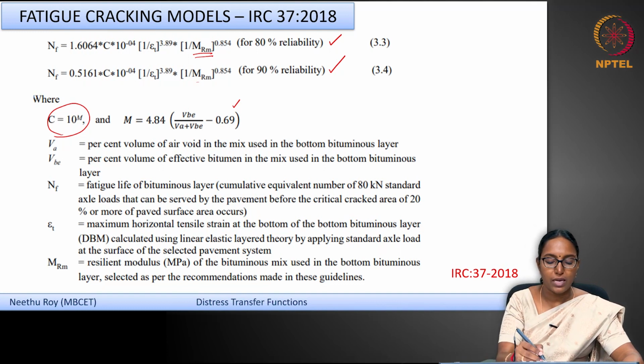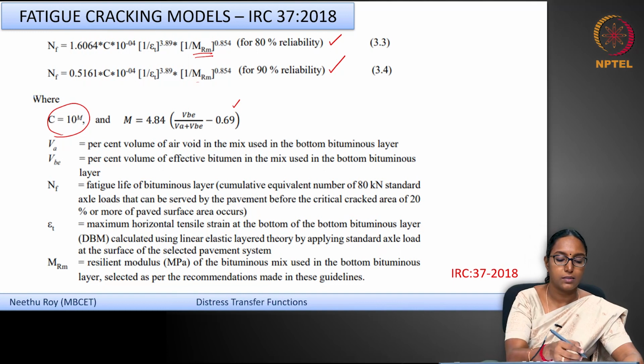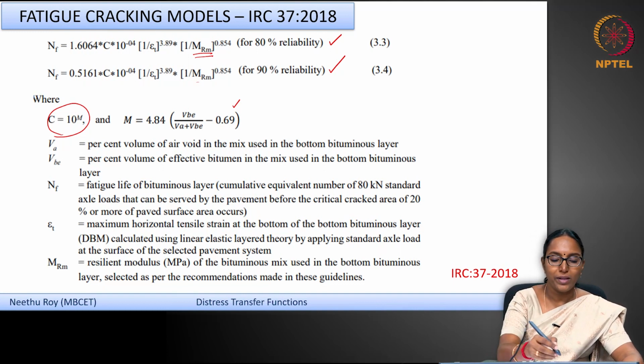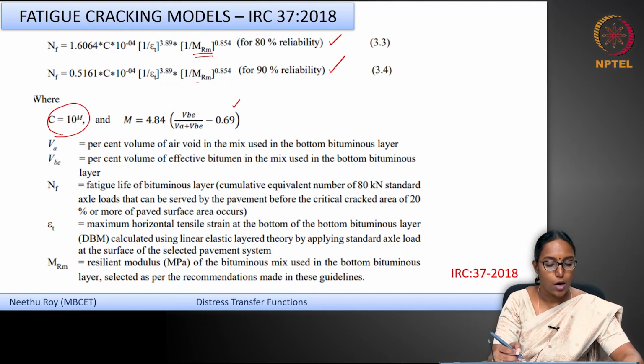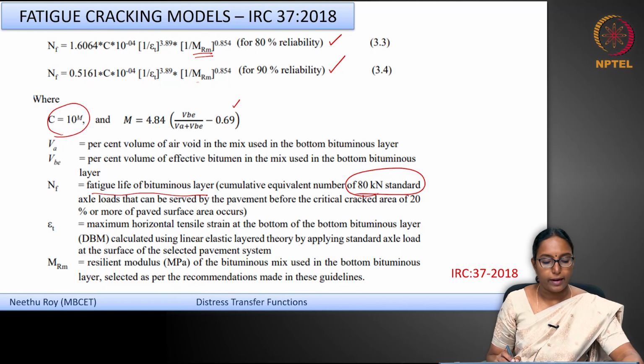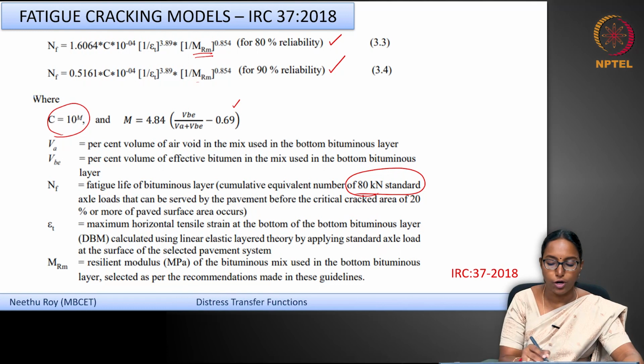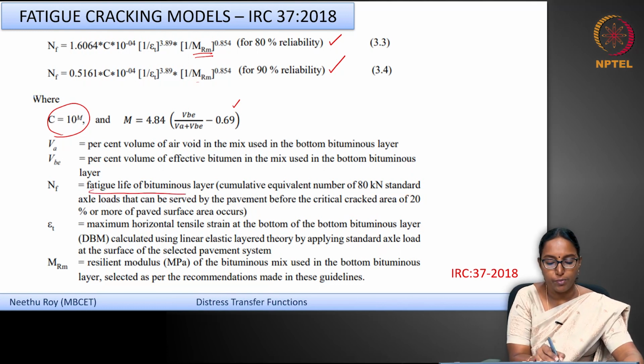Use those values to get m and C, which is 10 raised to m, and when that goes in here, you will get the number of repetitions. NF is essentially the number of repetitions to failure, failure being defined as 20% of the area being cracked. You call it the fatigue life of the bituminous layer.